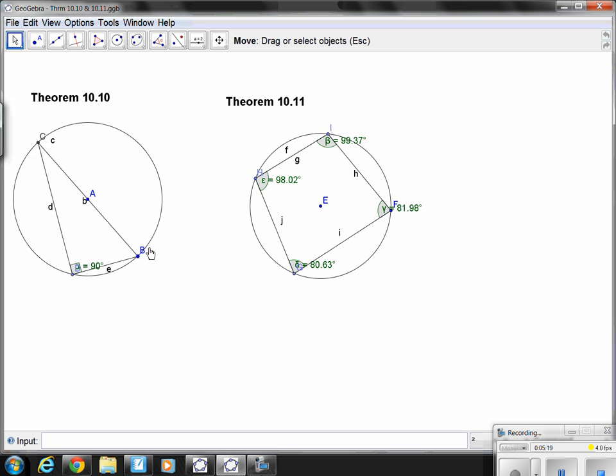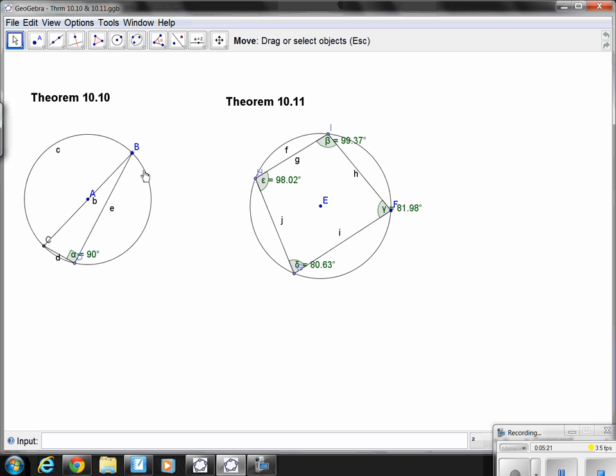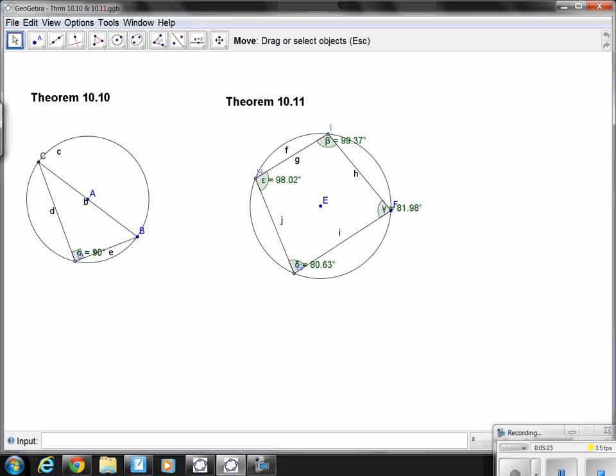So I can move B around. B is always going to make that a diameter, but notice this angle always stays a right angle. And that should make sense from our last problems here. This is always going to be a right angle because this arc is always going to be 180 degrees if that's a diameter. Half of 180 will make that always 90.